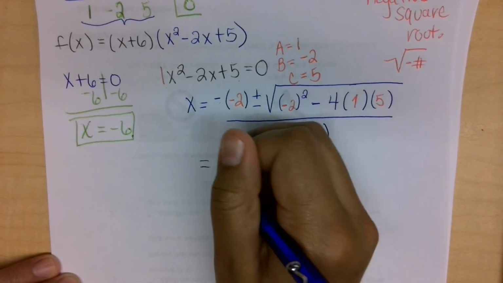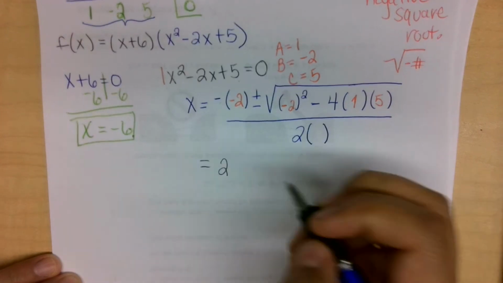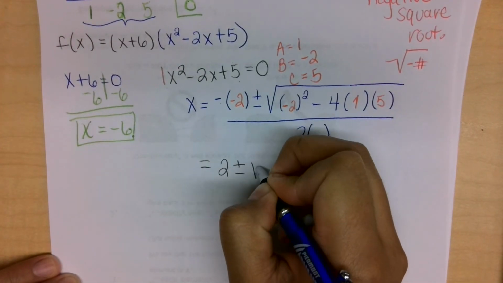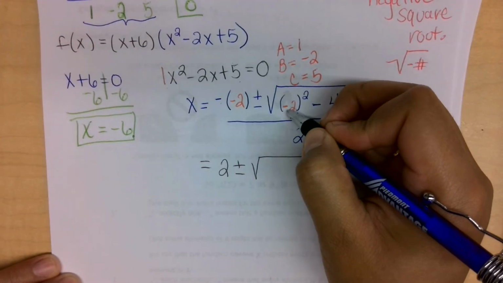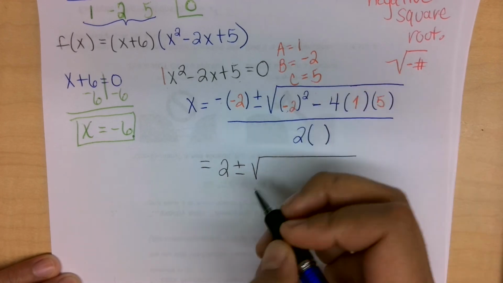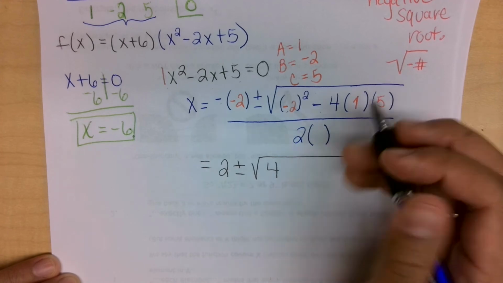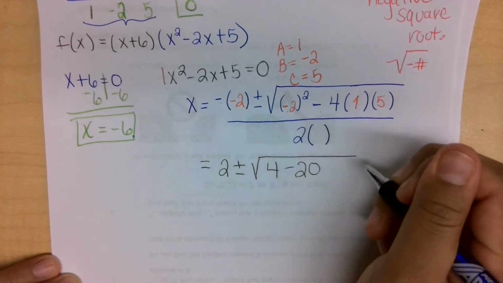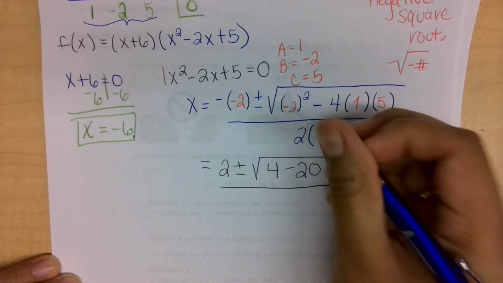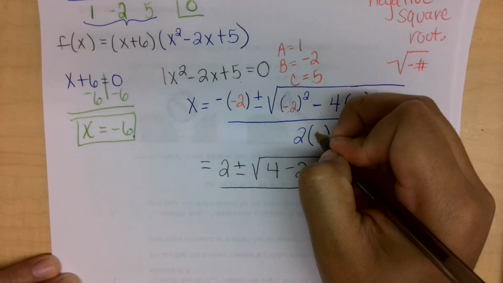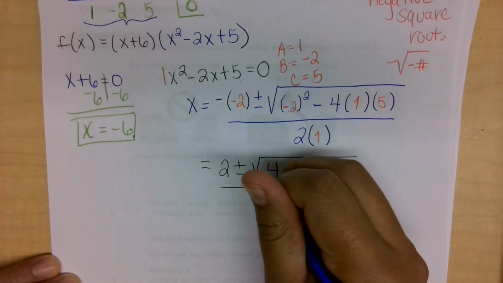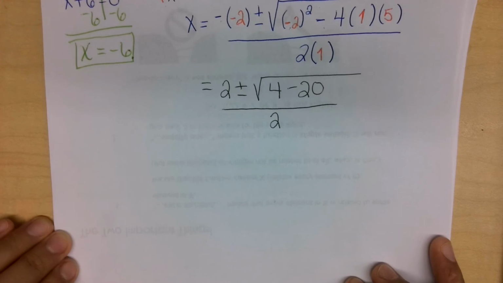A negative and a negative is a positive, plus or minus the square root of a negative times a negative is a positive. -4 times 1 times 5 is -20. All divided by, I forgot to put my a in here, that's a 1. All divided by 2.